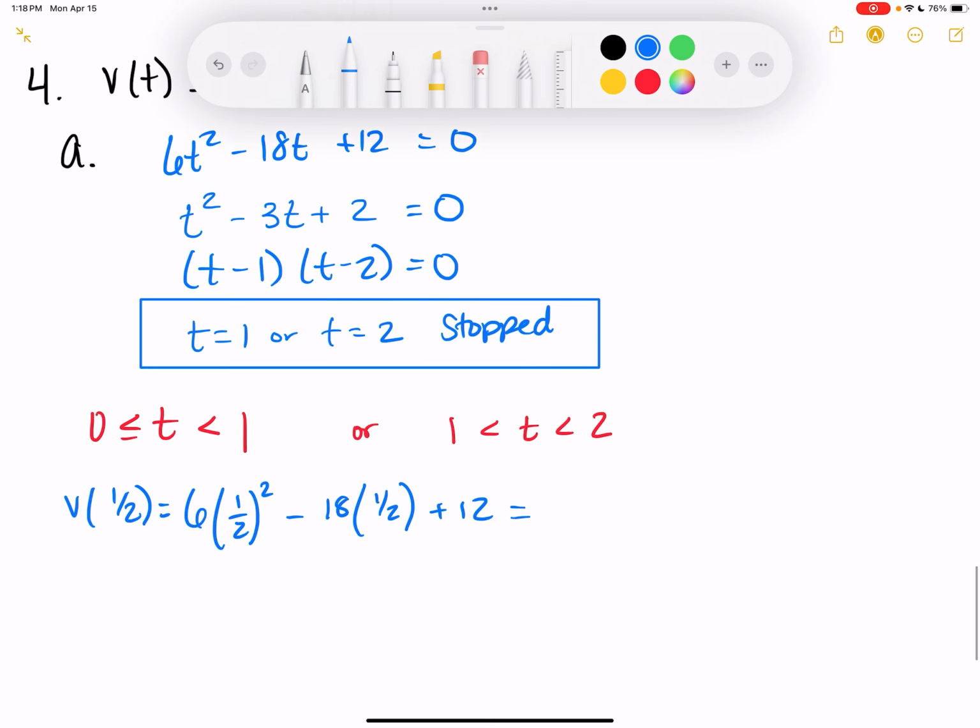So let's see, that's going to give me 3/2 minus 9 plus 12.